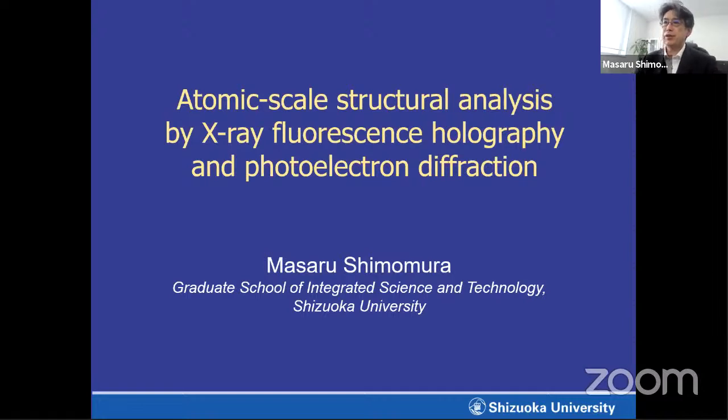In my laboratory, we are doing research on nanomaterials and at the same time analyzing their properties. The session title is Manipulation and Characterization of Materials at Nanoscale, Atomic Scale, so I would like to talk about our knowledge of atomic scale characterization.